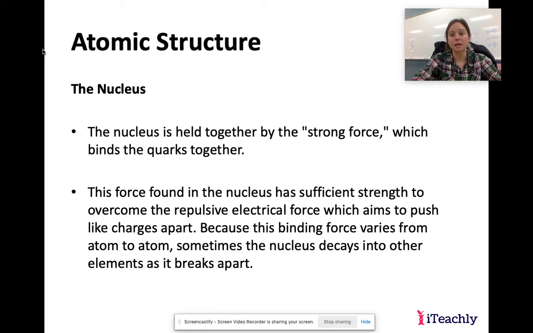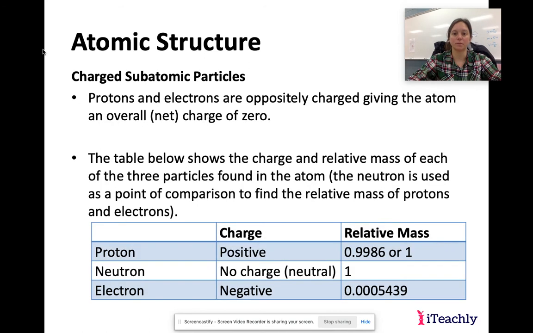But an atom can decay, and they can break down because different atoms have the same forces, but their strength varies. And so sometimes we'll have an atom decay, and their rates of decay are different based on those forces from those subatomic particles.